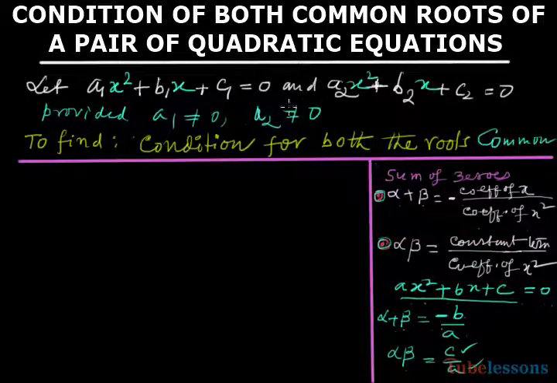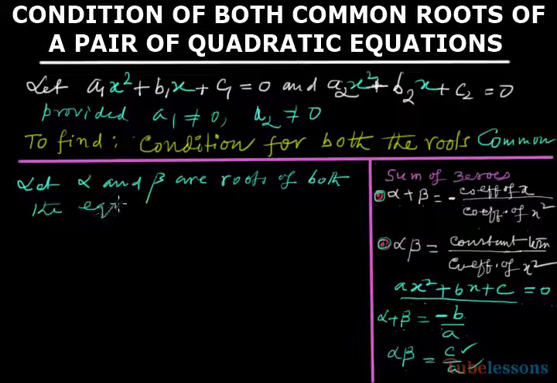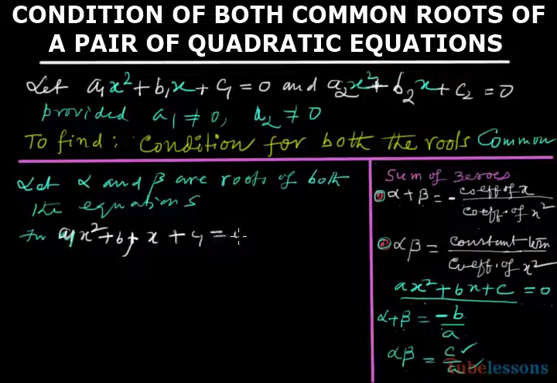So now, let alpha and beta be the roots of both the equations. Our first equation is a1x square plus b1x plus c1 equals 0.